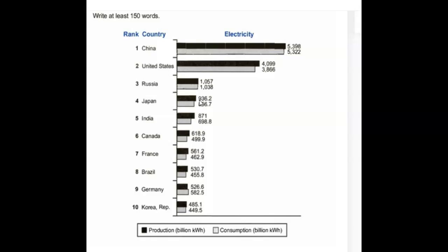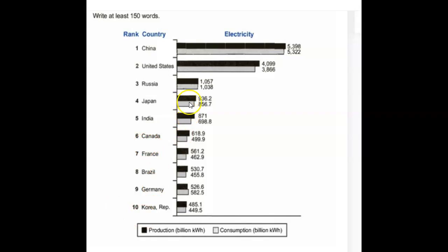So what you would then want to do is group things together. What could you group together? I would probably group together Japan and India, because their numbers are relatively similar. You could possibly do Canada on its own, or you could group it together with countries 7 through 9. And then you could leave Korea on its own because it's the only one which is under 500 billion. Again, I think you get the sense of the kind of words we're using here. So what would we say here?